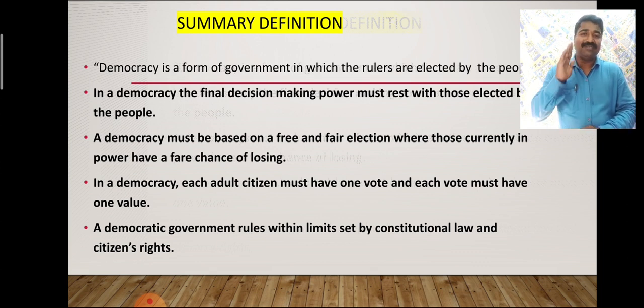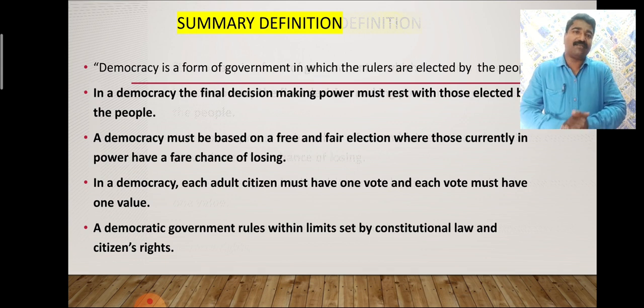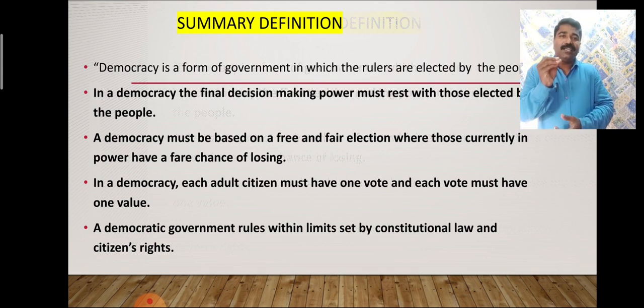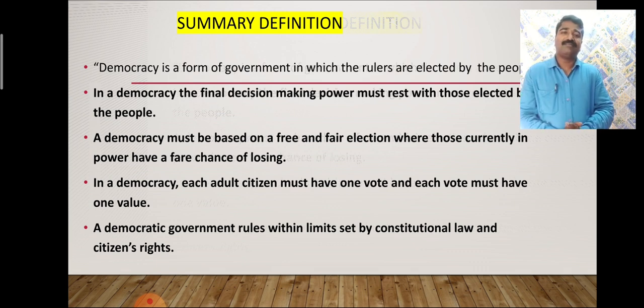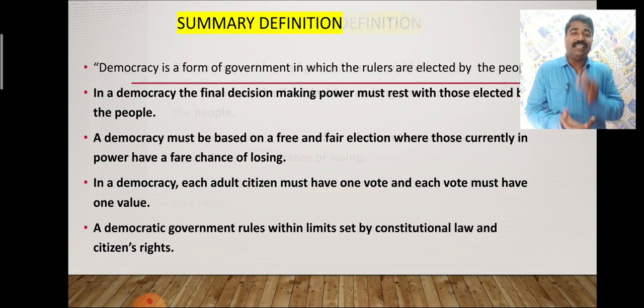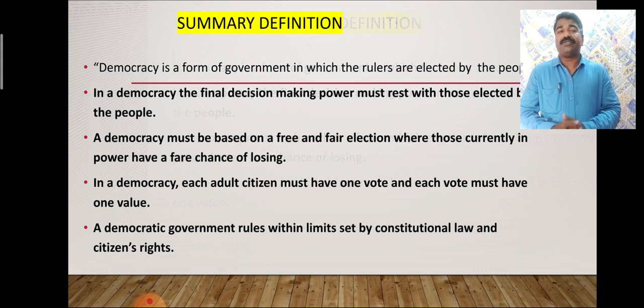The second one, a democracy must be based on a free and fair election where those currently in power have a fair chance of losing. The third one we have already seen. In a democracy, each adult citizen must have one vote and each vote must have one value. A democratic government must rule within limits set by constitutional law and citizens' rights.